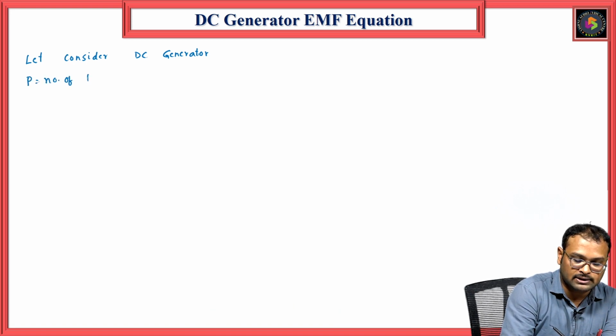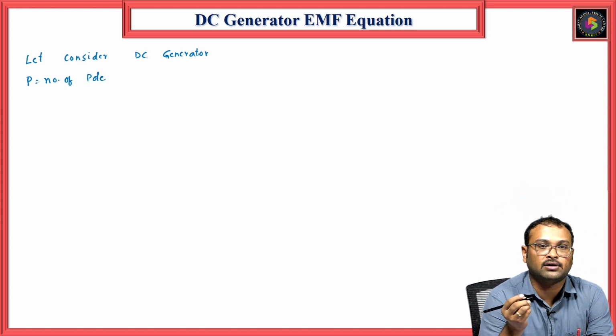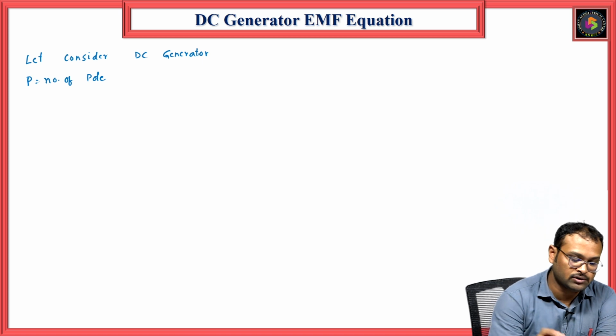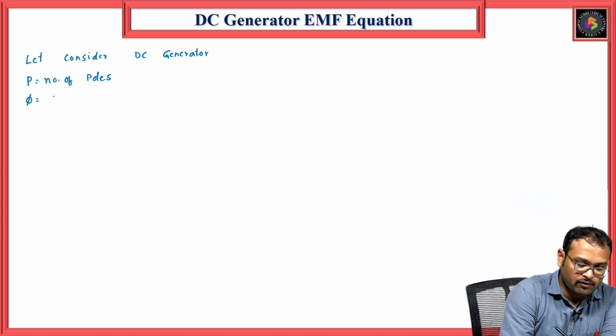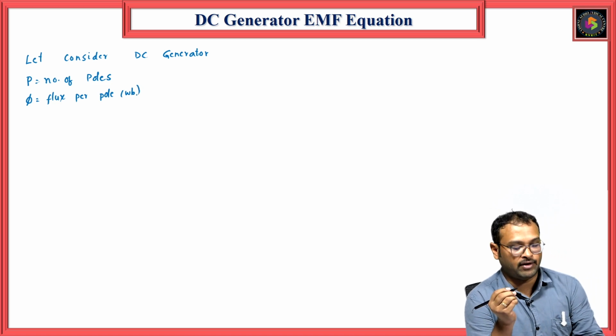As we already discussed, the main principle is electromechanical energy conversion, so there will be an electrical circuit and a magnetic circuit. The magnetic circuit means poles will come. So P is the number of poles and phi is the flux per pole. Flux per pole is measured in Webers. Units are very important while doing numerical problems.